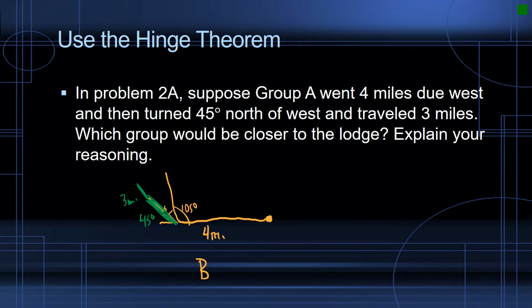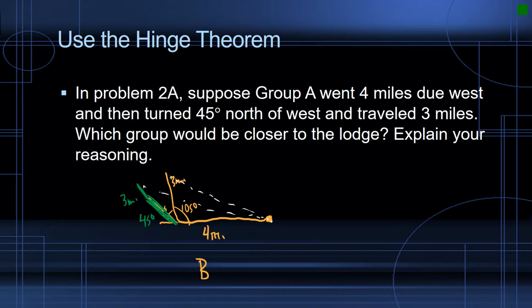So what are we trying to figure out? Well, we're trying to figure out which one is closer to the lodge. They'll travel 7 miles total, 4 miles west and then 3 miles, but their angle is different.